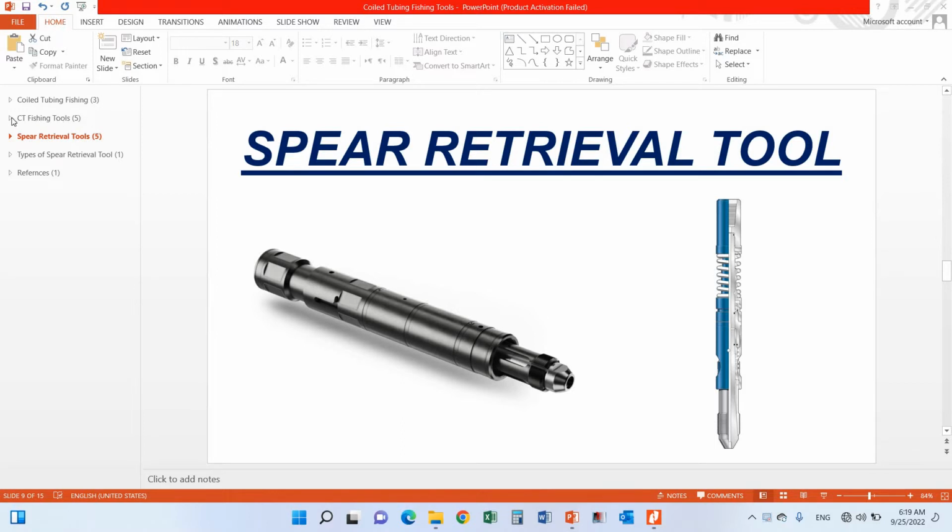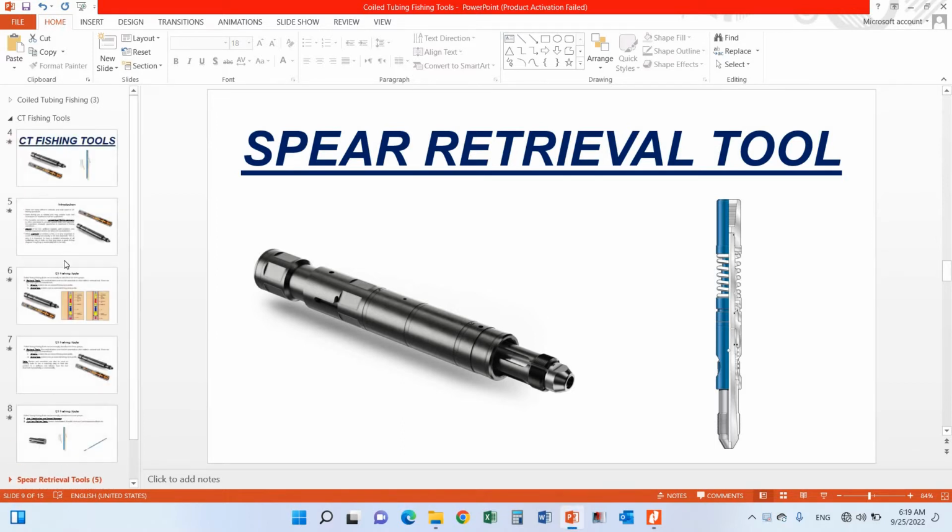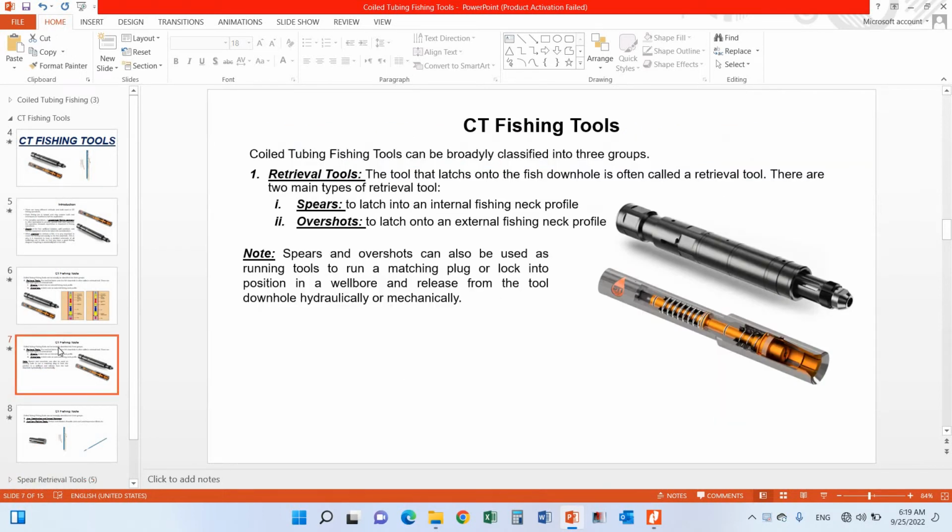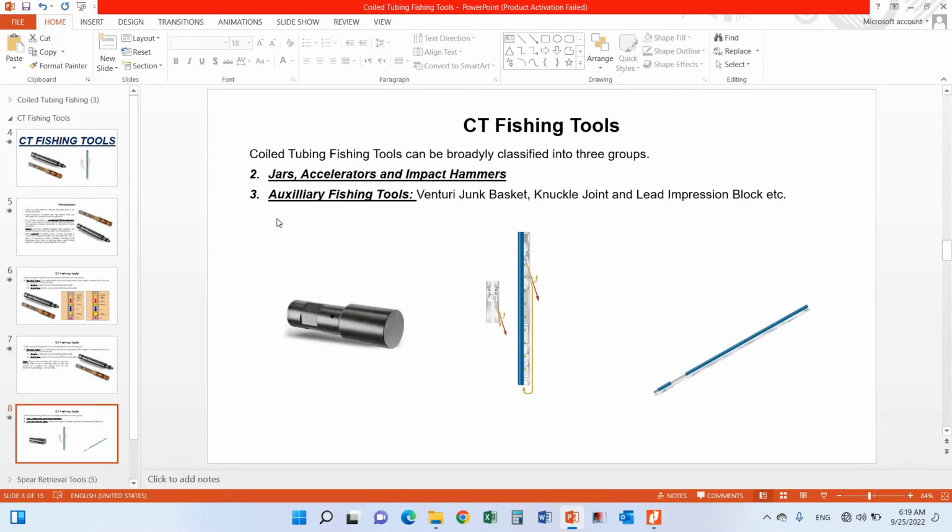In the discussion of coil tubing fishing tools, we have seen that there are three categories of fishing tools used in coil tubing. The first category is retrieval tools, the second category is jars, accelerators and impact hammers, and the third category is auxiliary fishing tools.